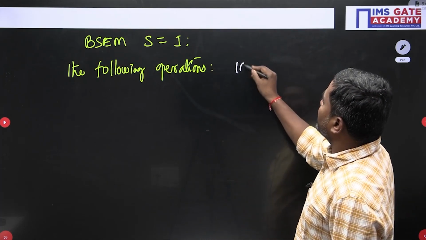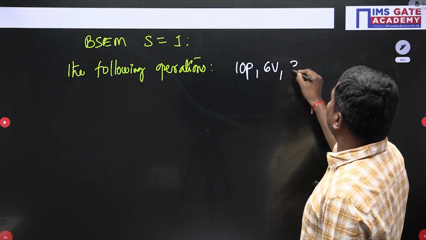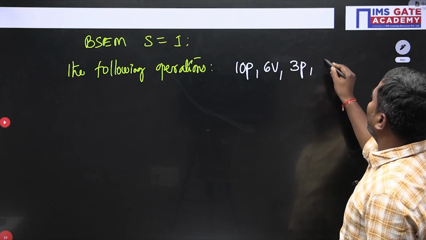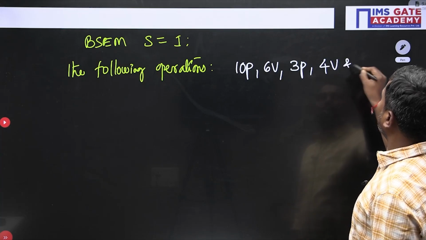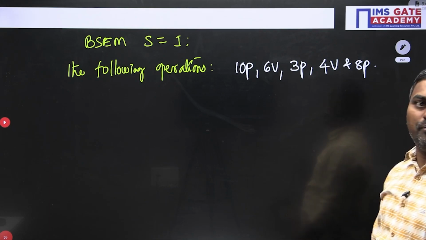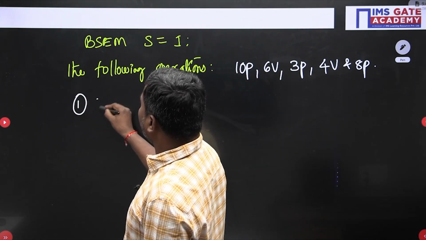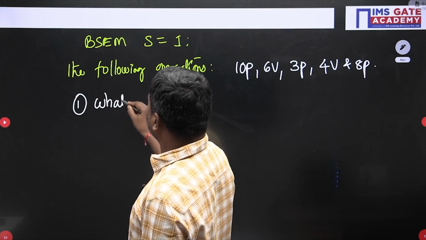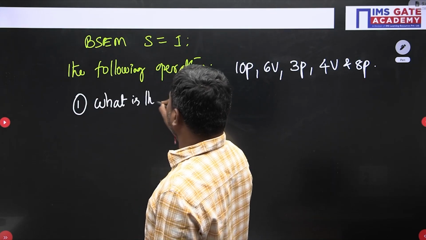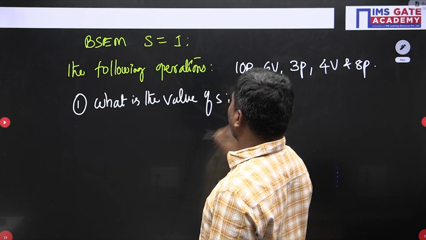Let's take 10 P operations, 6 V operations, 3 P operations, 4 V operations, and 8 P operations. Question number 1 they can ask: what is the value of S after this?